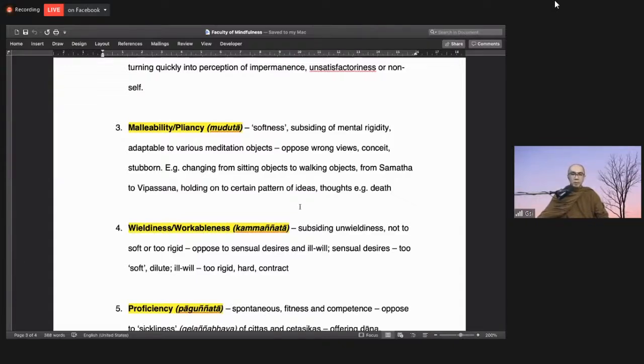Sometimes in our meditation, especially when you go into the deeper aspects of meditation, we cannot change from one object to another, like changing from a sitting object to a walking object. As I said, in sitting, you can see things very clearly. But when it comes to walking meditation, you cannot see any of the arising and passing away.